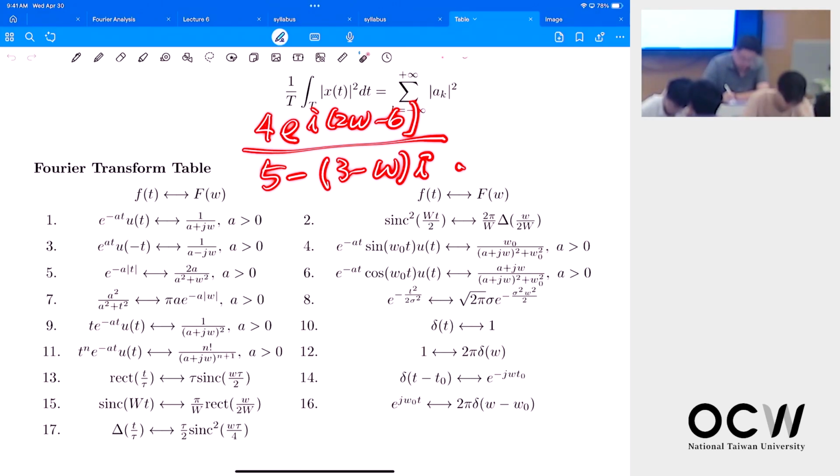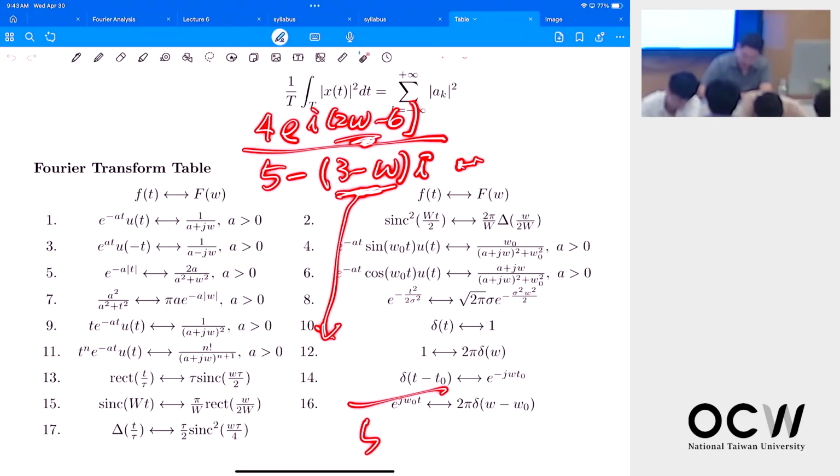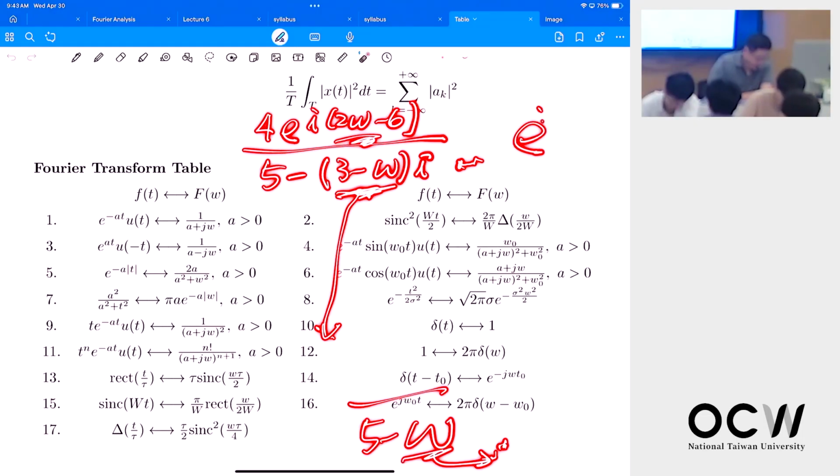Which one should we use? Looks like my omega is shifted by 3, right? So the original form should be like 5 minus omega, and later on we change omega to omega minus 3. So I shift omega by 3. In time domain, I should have e to the j 3t.